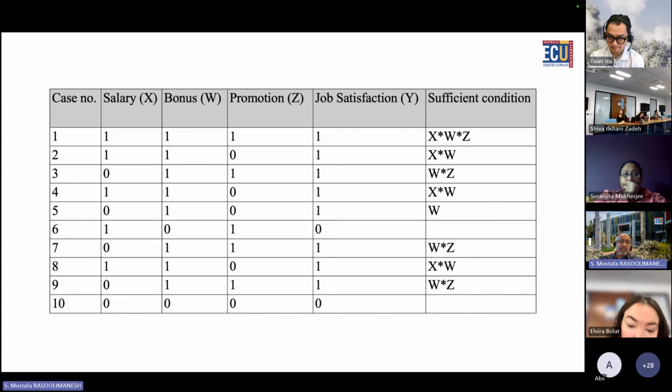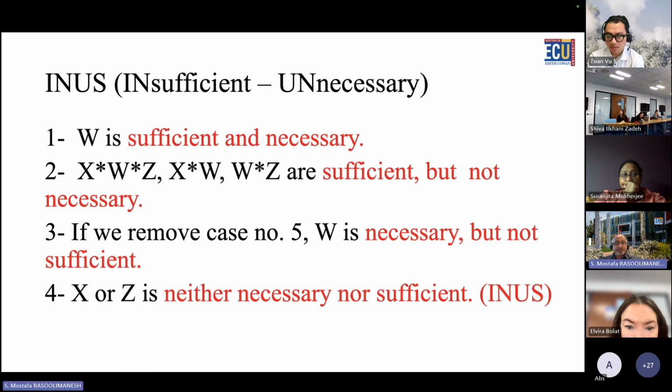And case number three, bonus and promotion, right? And case number four, only salary and bonus. So you can see for different cases in this company, different combinations of salary, bonus, and promotion can lead to a high level of job satisfaction.